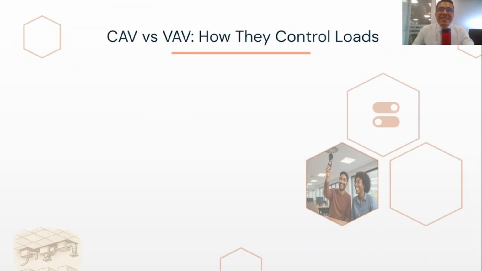When discussing HVAC systems, it's essential to understand the difference between constant air volume (CAV) and variable air volume (VAV) systems, as they control loads in fundamentally different ways. The key distinction lies in how each system adjusts to changing thermal demands within a space.